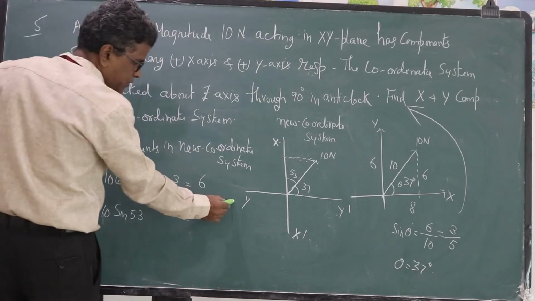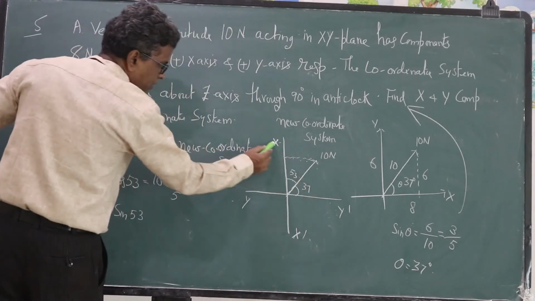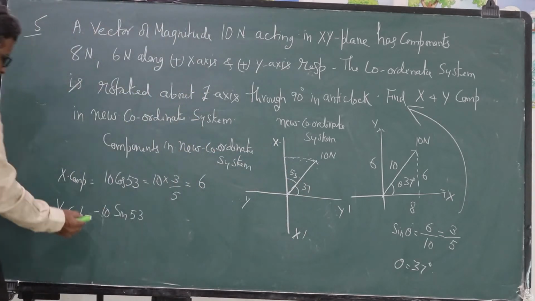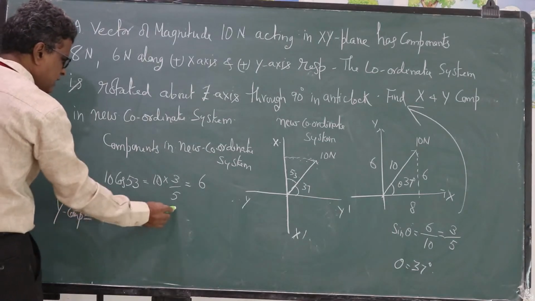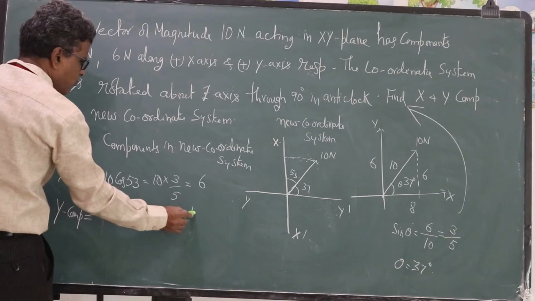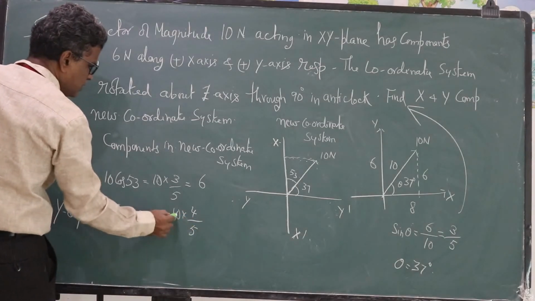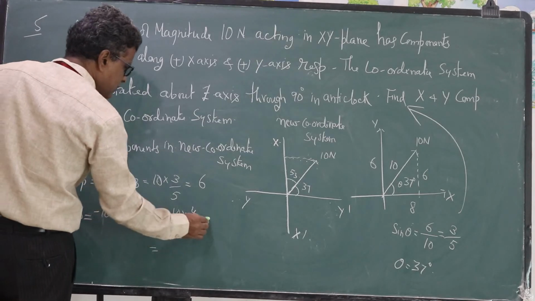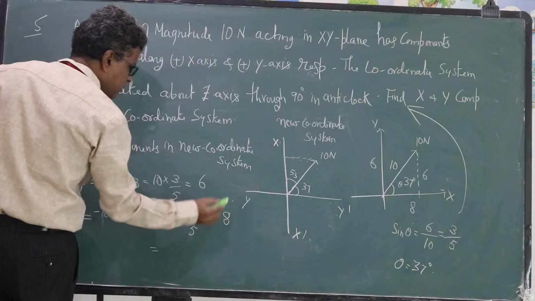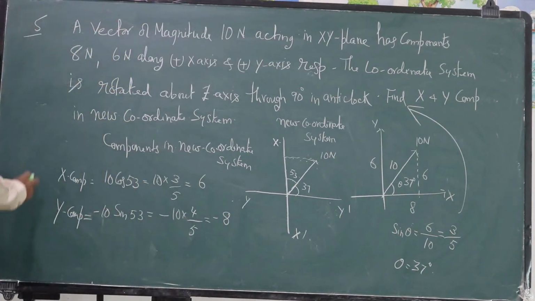This is positive y, this is negative y; positive x, negative x. So that is minus 10 sin 53, 4 by 5, so this is 2, so this is minus 8.